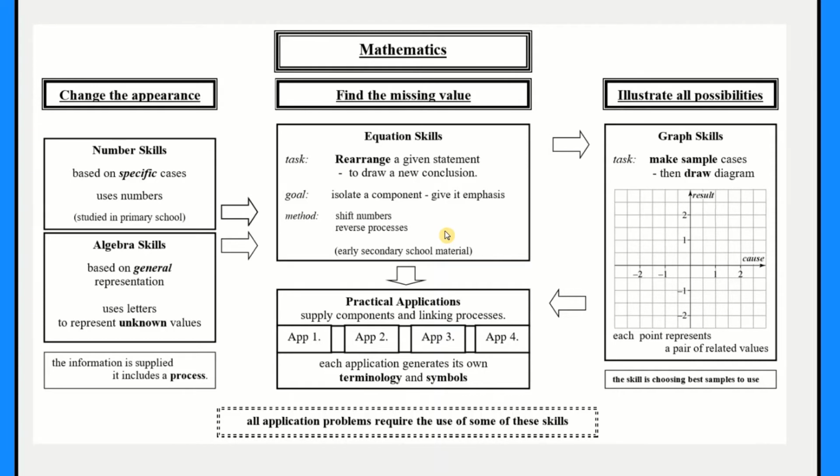This is usually covered in early secondary school. Later in secondary school, this is applied to practical situations. Each application generates its own terminology and symbols.